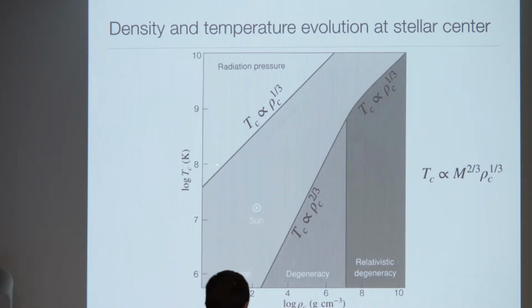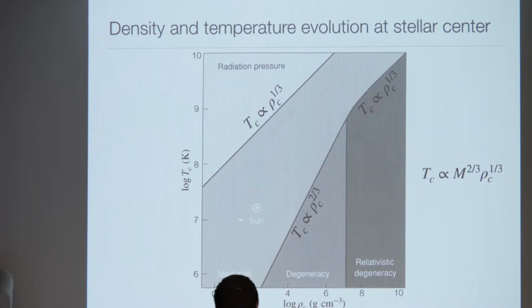At the beginning we characterized where these equations of state will change, and we now found that in the center of the star, if the equation of state is dominated by gas pressure, then the central temperature should be proportional to mass to the 2/3 and density to the 1/3.